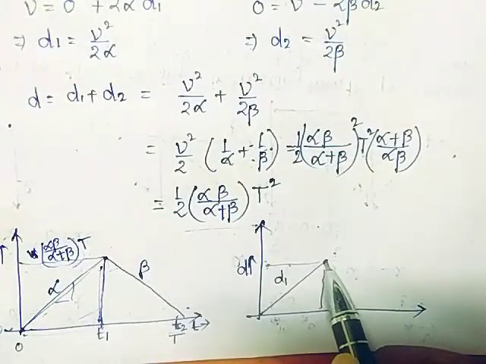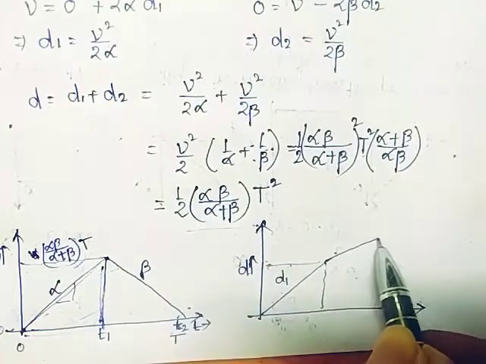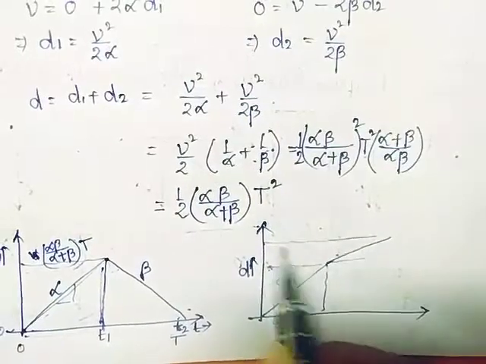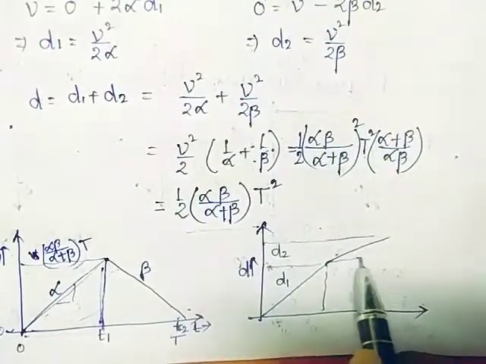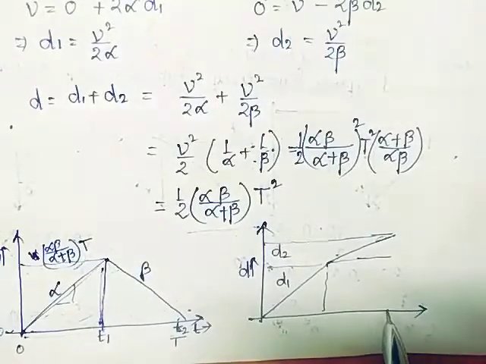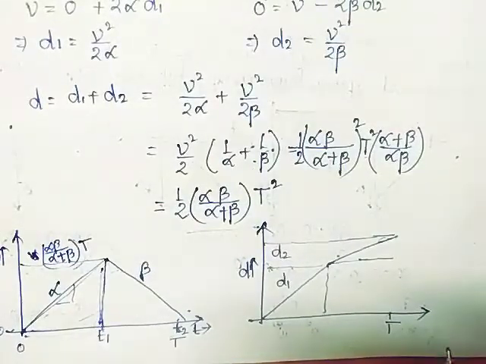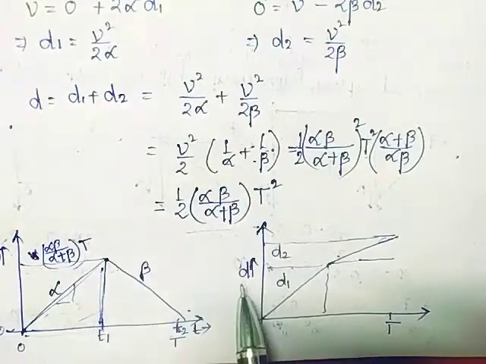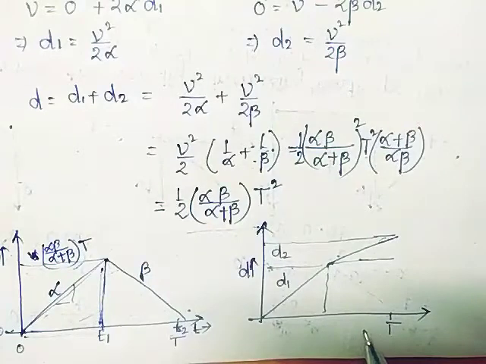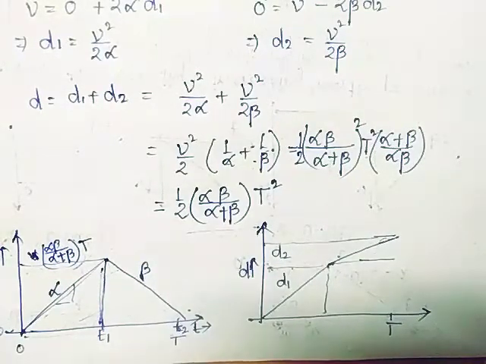If I take the distance, it is again maybe a different slope, then this value is d2. If I take the distance at the end of the time interval capital T, but if it is the displacement, then obviously this will be returned back due to direction. So you have to understand that what you have done from the graphical analysis is basically the same thing as what you have done here.